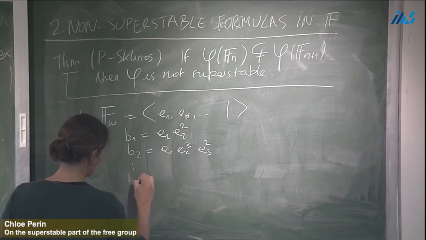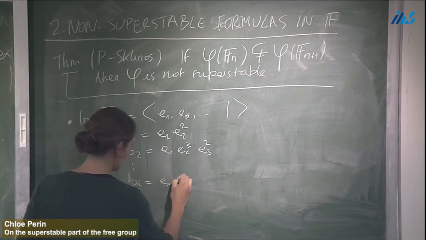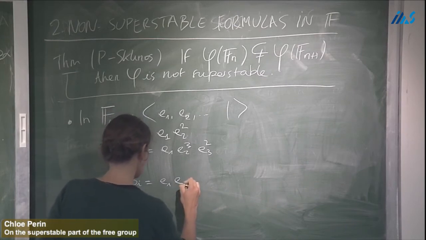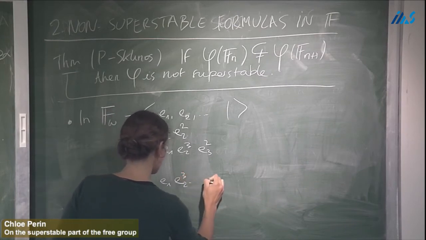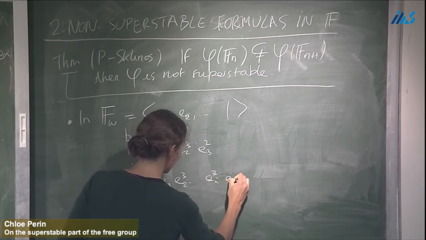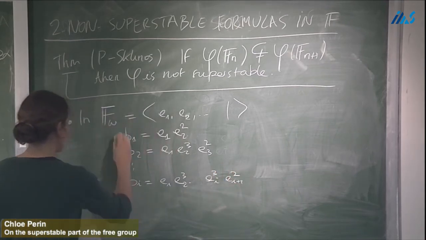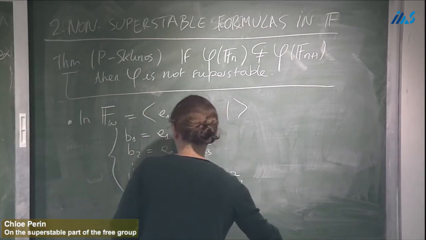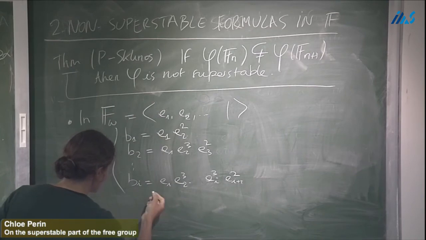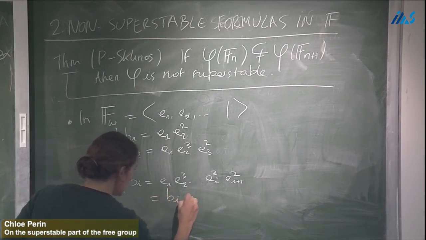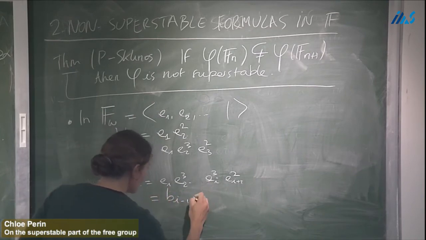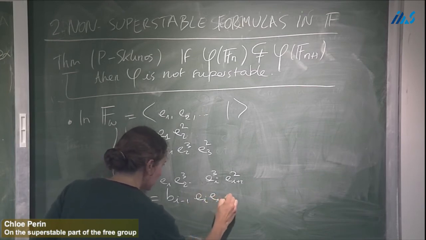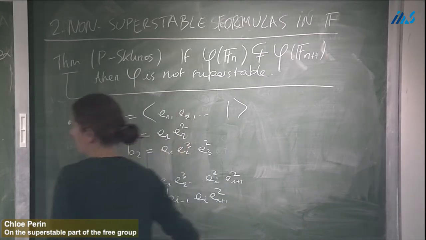in general the idea is that you start with E1, then you take cubes of all the generators up to I, so E2 cubed up to EI cubed, and then you take EI plus 1 squared. So you define these elements. You can note that BI is just BI minus 1, and you've added 1 power of EI and a square of EI plus 1.